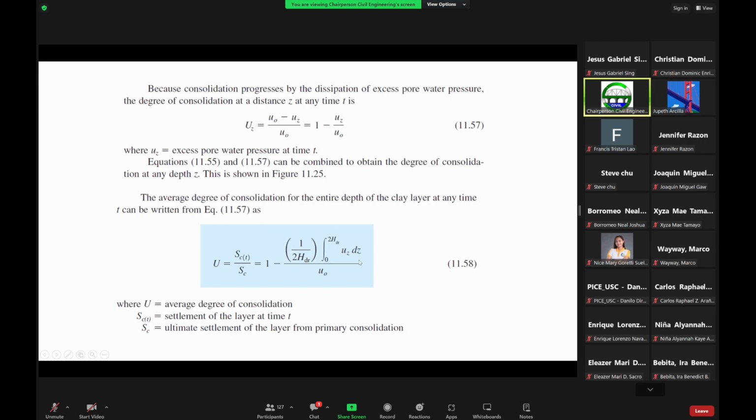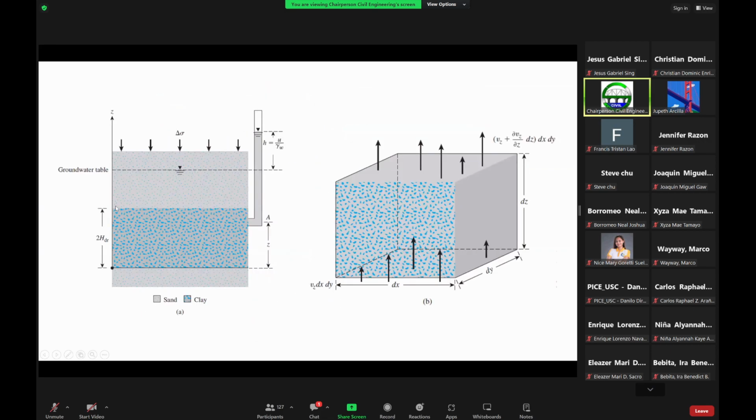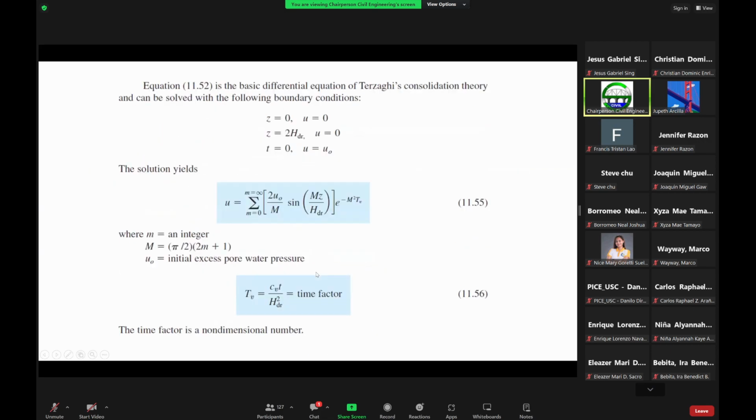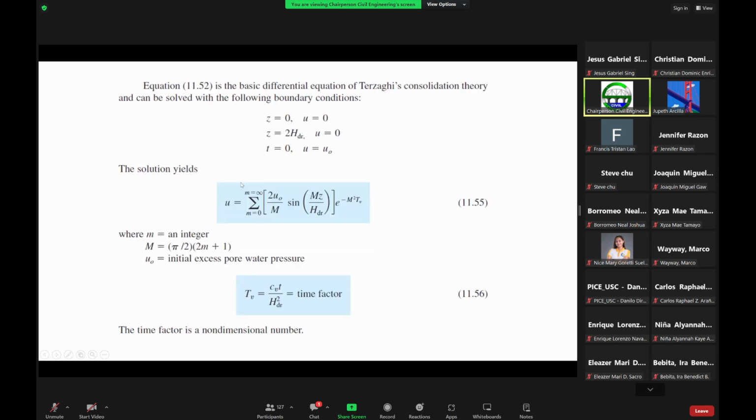We have 1 minus quantity 1 over 2 HDR, where 2 HDR is the depth of the clay layer, and then we integrate U sub Z dz all over the initial excess pore water pressure, where for U sub Z we can substitute this formula.